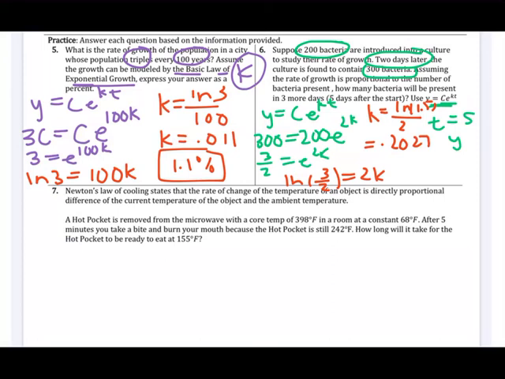And I would actually just keep that number in your calculator and reuse that number so that you're not rounding too early. So 3 days later, we're looking at y equals 200 times e to the amount that we just found, 0.2027, except I would prefer that you don't round, and we're going to multiply that number by 5, and that's going to give us 551 bacteria.